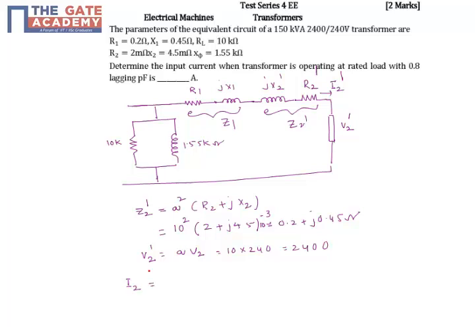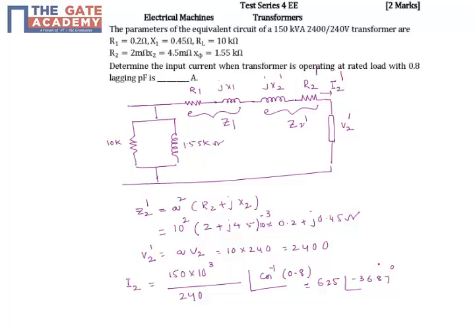Load current is nothing but the rating of the transformer, 150 into 10 cube by 240, at an angle of cos inverse of 0.8. So this is equal to 625 at an angle of 36.87.